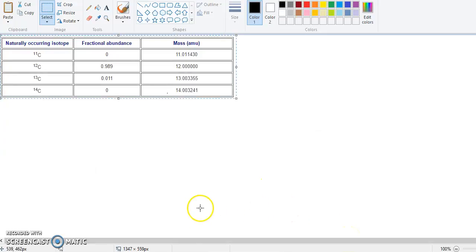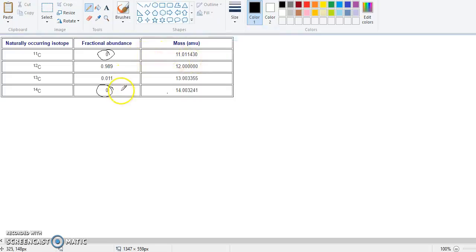Okay, so let's look at the isotopes of carbon, for example. We have a few different ones. Carbon 12, 13, 14 we talked about in class. What we're going to see, carbon 14 as well as carbon 11, if you notice, the abundance for those two is just going to be 0.